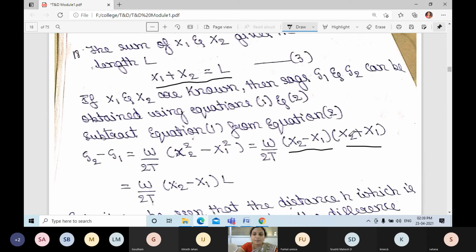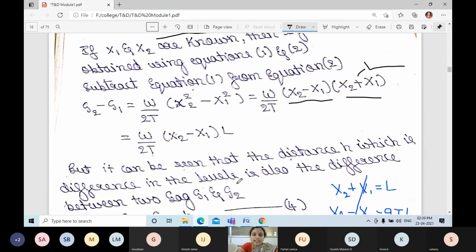Here x2 plus x1 is nothing but capital L, the total span length. So we get omega divided by 2T, x2 minus x1, into L.